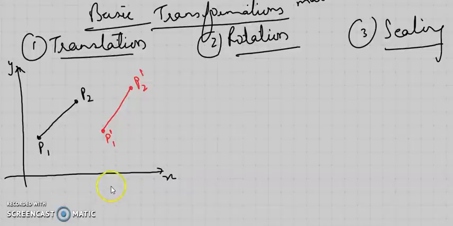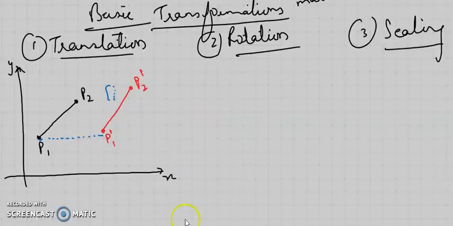What is happening is, it is getting translated in the x direction and also in the y direction. So there are 2 directions in which your translation or shifting is happening. One is the x direction, the other is the y direction. This was your original y, but now my y has changed to this location. So there is a displacement of this amount in the y direction.